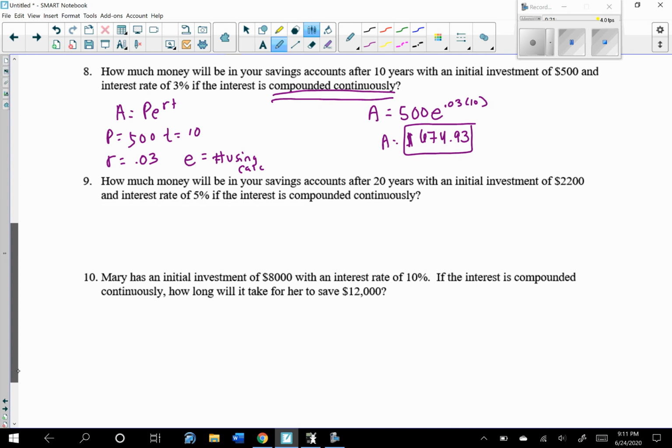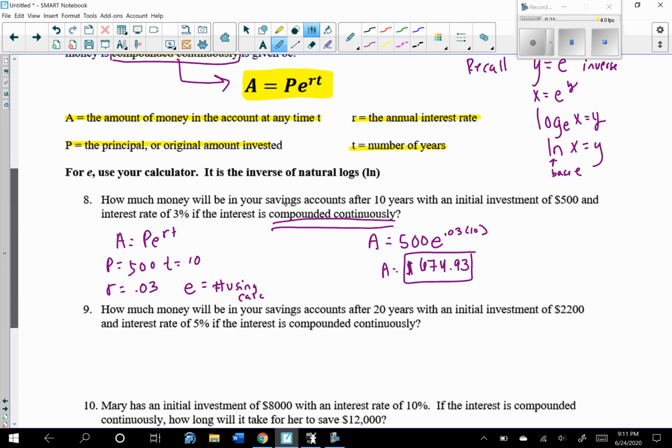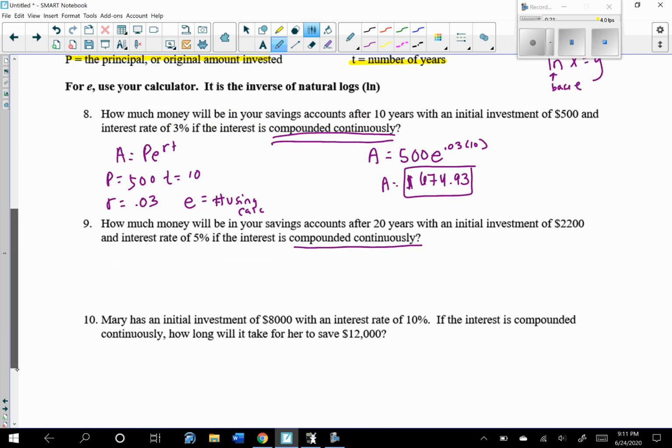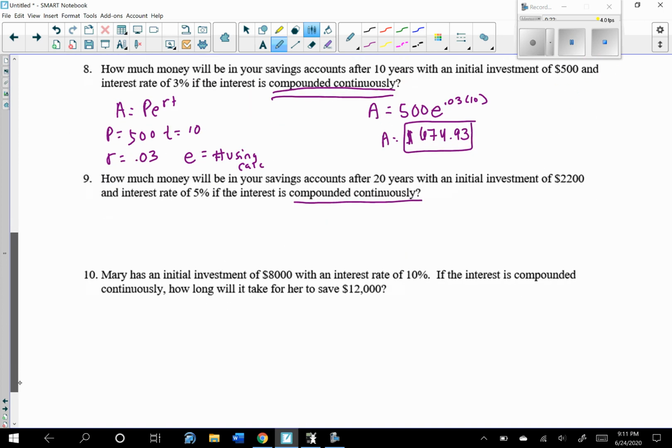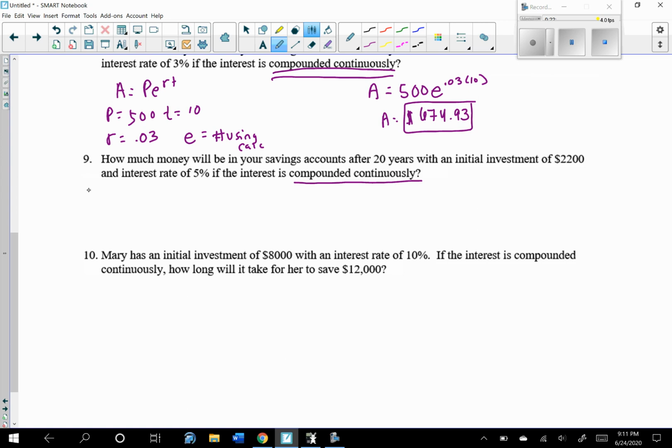Question 9. How much money will be in your savings account after 20 years with an initial investment of $2,200 and an interest rate of 5%, interest compounded continuously? So go ahead and pause the video, do this one on your own. When you're done, you can unpause and check your work. So A equals PE to the RT power. P is equal to 2,200.